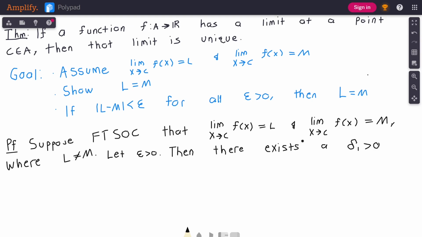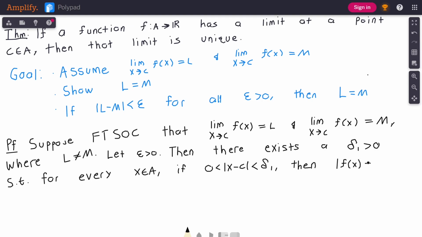So we're going to call it a delta 1 greater than 0, such that for every x in A, if 0 is less than the absolute value of x minus C is less than delta 1, then the absolute value of f of x minus L is less than epsilon.